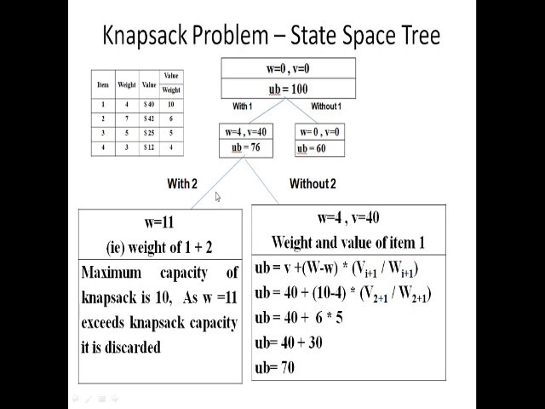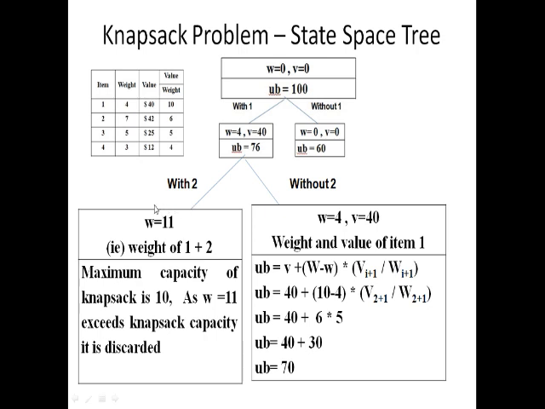So the next step is including the second item and without including the second item. When including the second item, w is the weight, weight 4 plus weight 7, 7 plus 4 is 11. But the maximum capacity of the knapsack is 10.